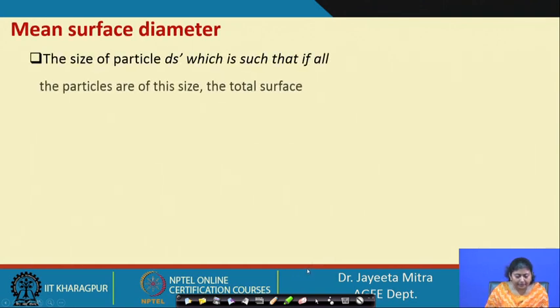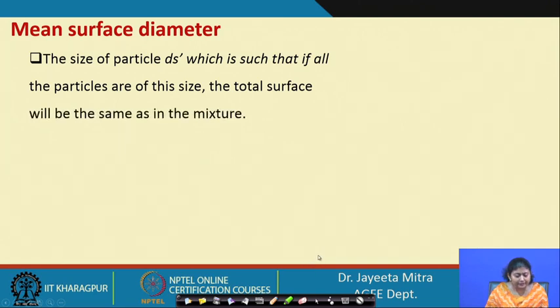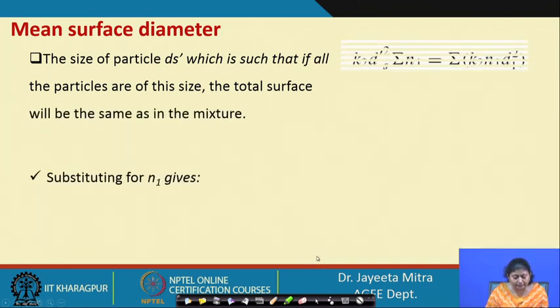Then there is the size of the particle ds dash, such that if all the particles are of that size, the total surface area will be the same as that of the mixture. In that case, K2 into ds dash square into summation n1 will be equal to summation of K2 n1 d1 square.